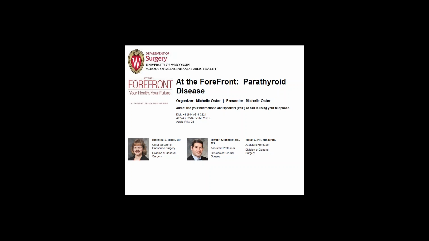I'm going to start out by talking a little bit about the diagnosis and imaging that goes along with primary hyperparathyroidism. So first, some background, which probably most of you don't need, but we'll just go through a little bit of it. Primary hyperparathyroidism is caused when one or more of the parathyroid glands becomes overactive. Most of the time this is just one single gland, but 20% of the time it can be more than one gland.